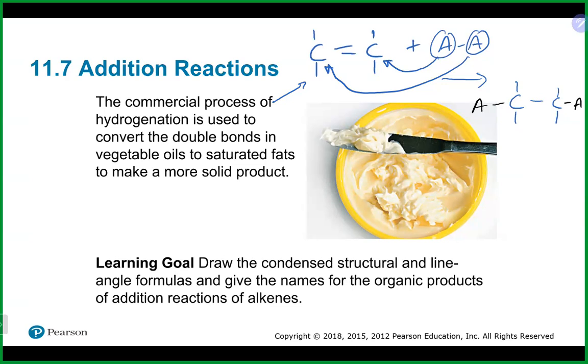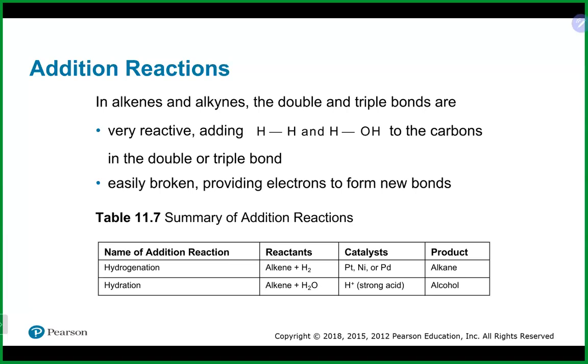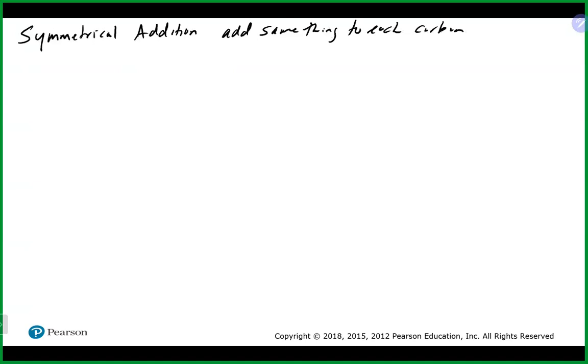There's a couple of different types of addition reactions. There's one that is referred to as a symmetrical addition. A symmetrical addition means that we're going to add the same thing to each carbon, like H2, which is sometimes referred to as a hydrogenation reaction.